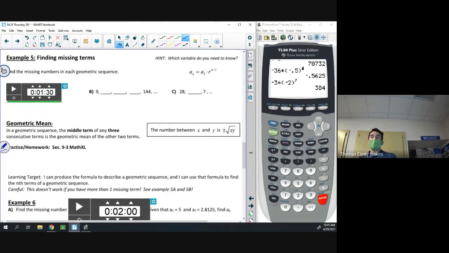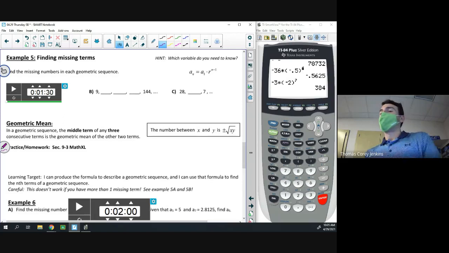Let's go ahead and look at it. All right, so example 5. I'm going to leave A for you guys because it's maybe a little easier than B. But let's start out with C, and then go from there.